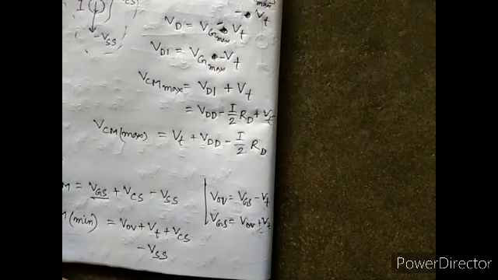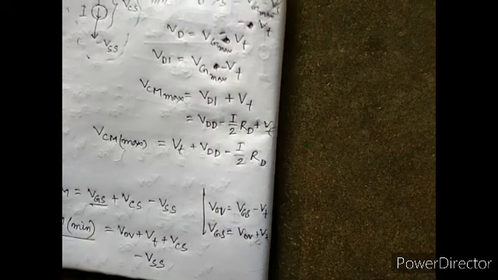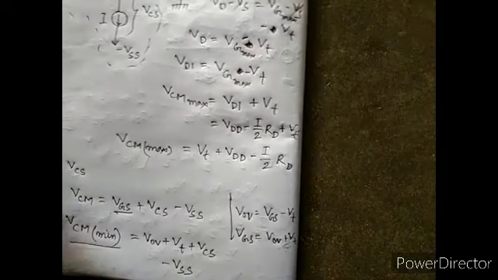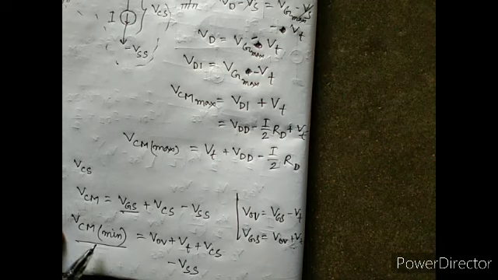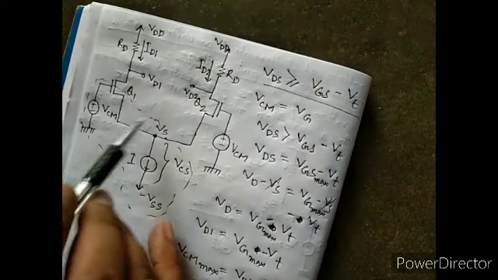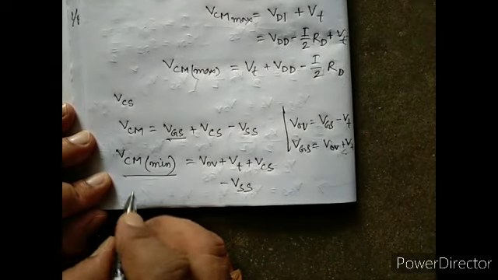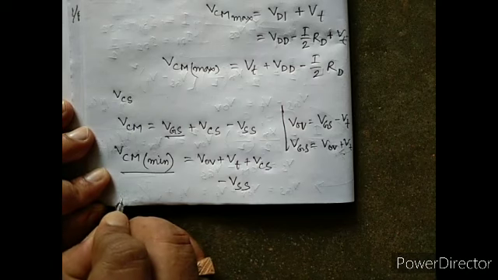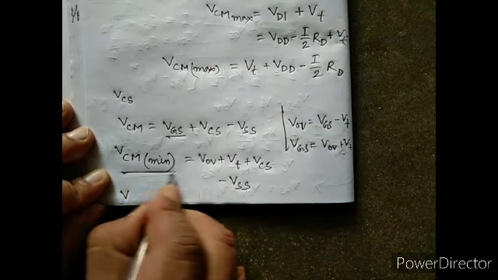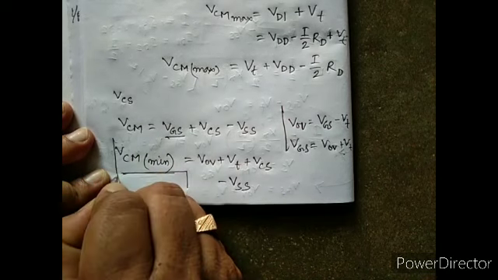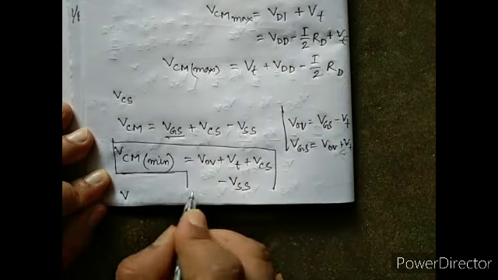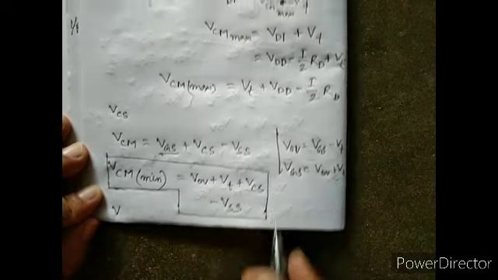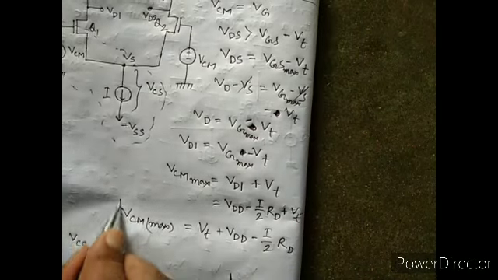That's the minimum voltage required to operate the differential amplifier perfectly. So the range of VCM is: minimum VCM is this, and maximum VCM is this.